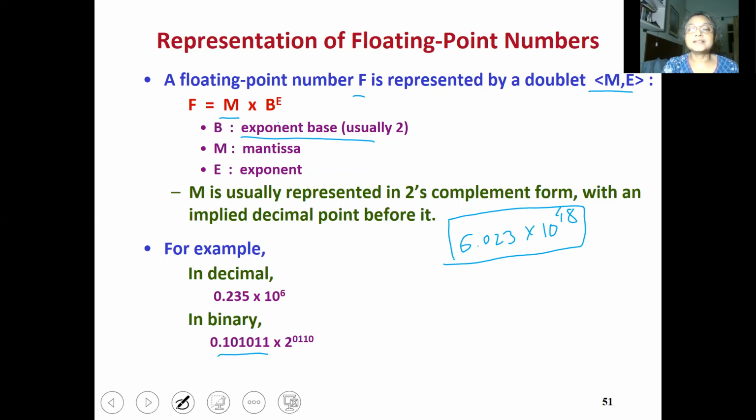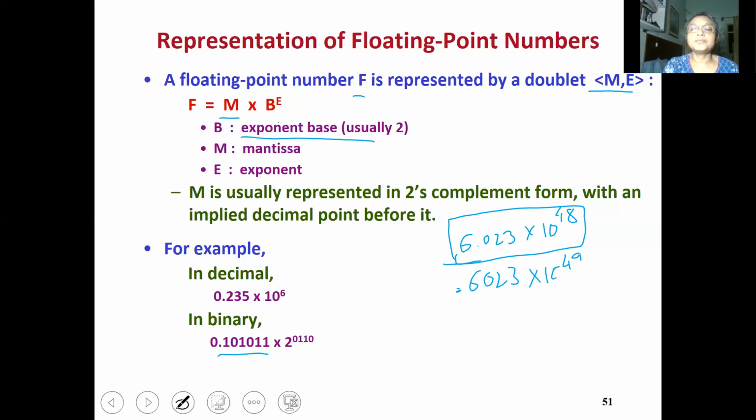So this is a way to represent floating point numbers, and this is done in terms of the mantissa and the exponent. Now for the mantissa, because we are also interested in representing fractional parts, we can make an assumption that the binary point is to the absolute left. And therefore, we can write this number as 0.6023 into 10 to the power 49.